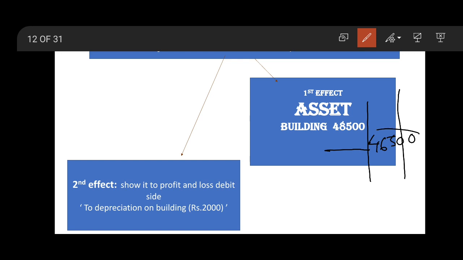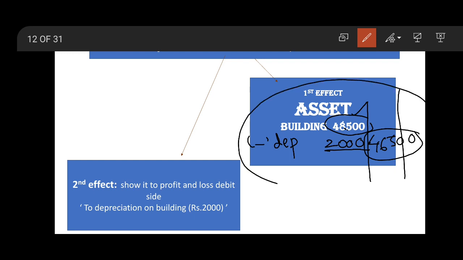So you need to compare these amounts, 46,500 and 48,500. 48,500 was opening balance, now it is deducted. I mean the difference is of 2,000, right? 48,500 less 46,500 means the difference of 2,000. So it is the difference means deduction, which we call depreciation of 2,000 rupees.